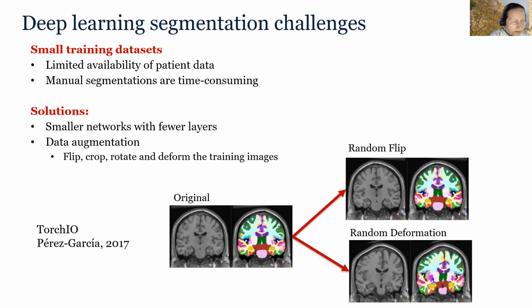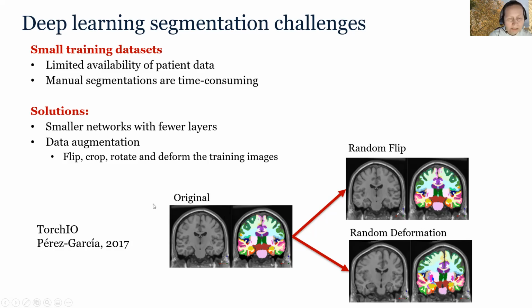The second thing we can do to prevent overfitting is data augmentation, and this is used very heavily, and it's a very successful strategy, because we can actually generate many new training samples just by slightly changing our original data. So typical things that we can do, we can flip, crop, rotate, or deform the training images.